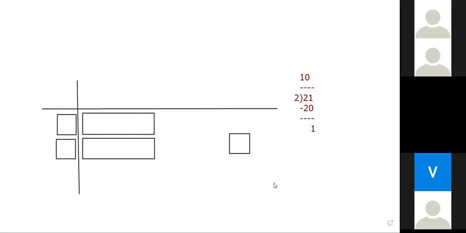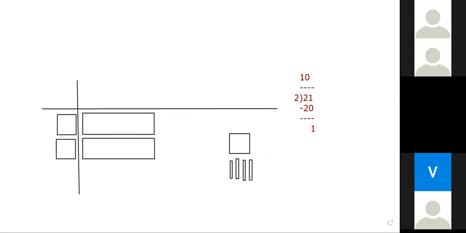This 1 needs to be split into 2, right? So we exchange this 1 into 0.1s, and there will be 10 of them.